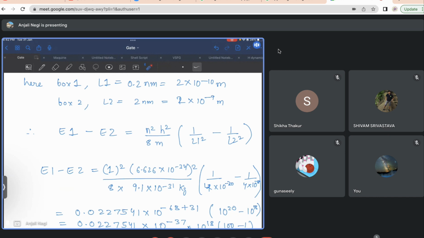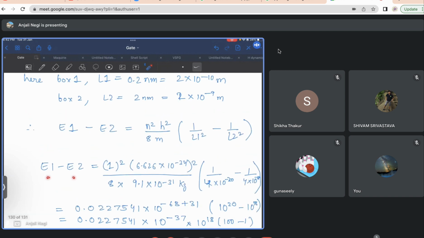So I took the difference between the energies of box 1 having length L1 and box 2 having length L2. I have taken the common factor n squared h squared upon 8m, and the difference is 1 upon L1 squared minus 1 upon L2 squared.